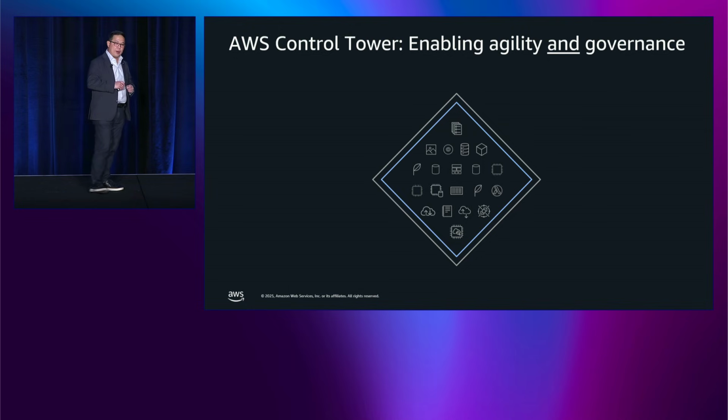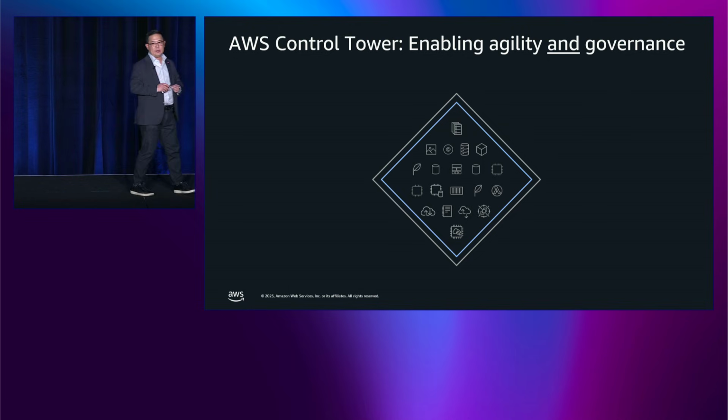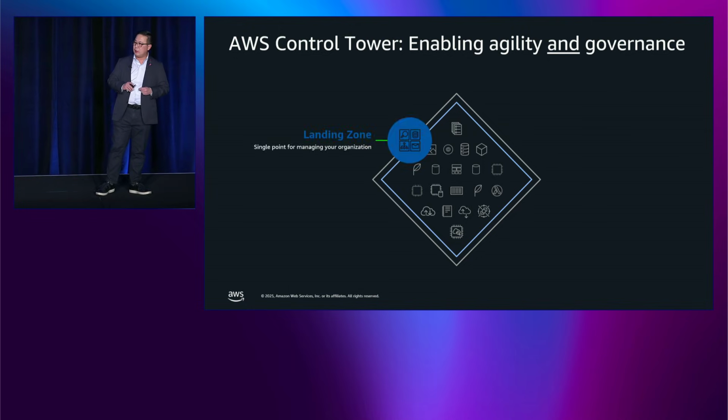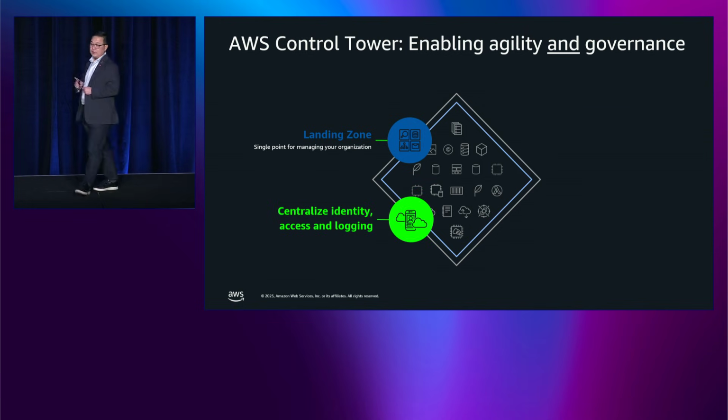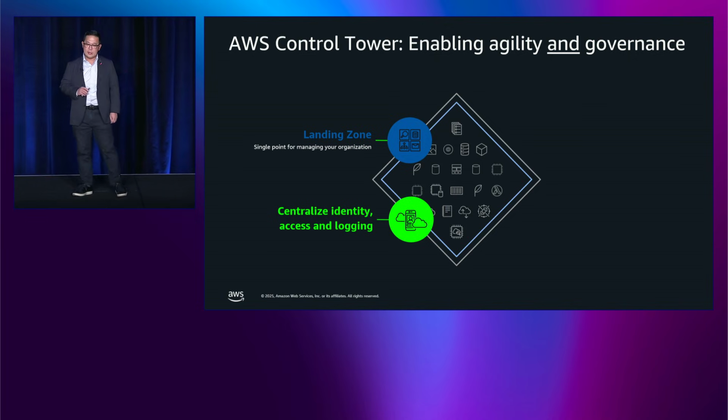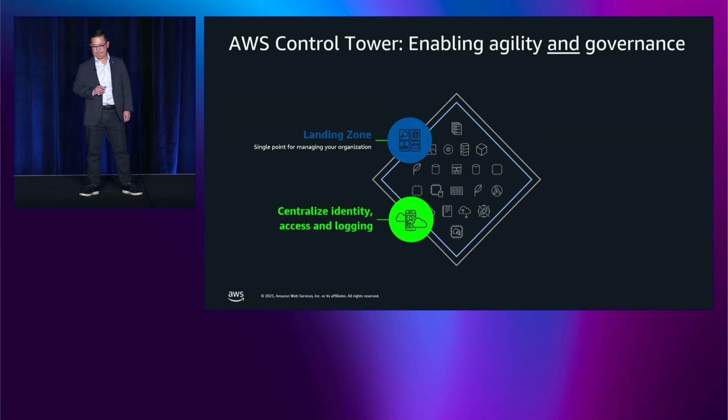AWS Control Tower enables agility and governance for your environment by bringing things like the landing zone. And the landing zone is your best practices and lessons learned for your environment. It will also help to centralize identity and access logging.